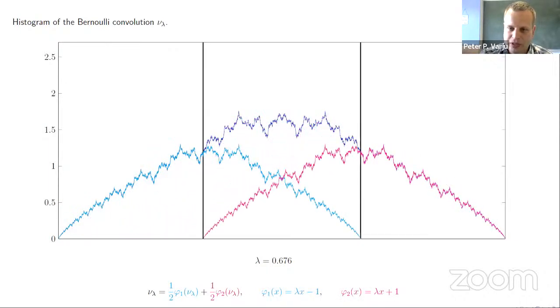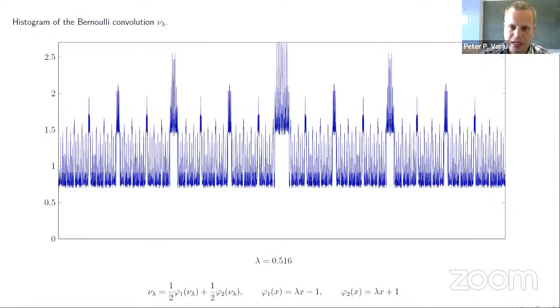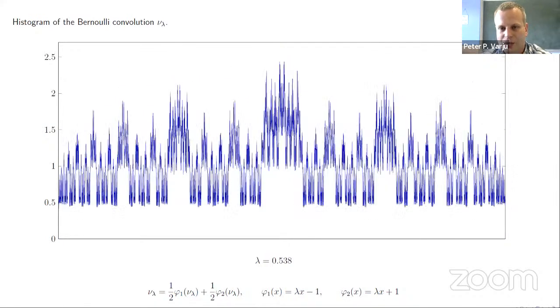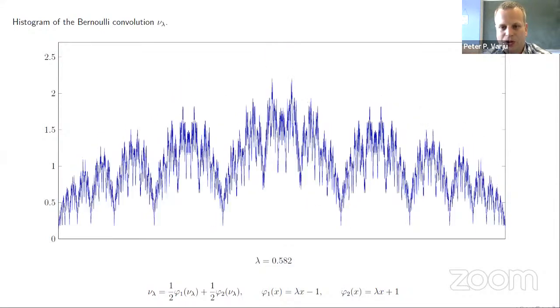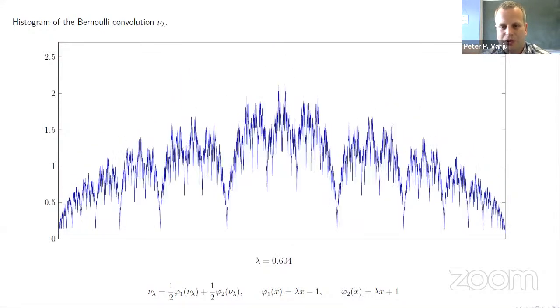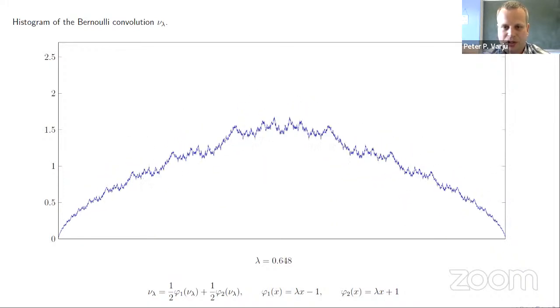So this was to illustrate the definition of self-similar measures. And on this animation, you can get an idea of how these objects look. You see the histogram for changing value of lambda from 0.5 to 0.8.